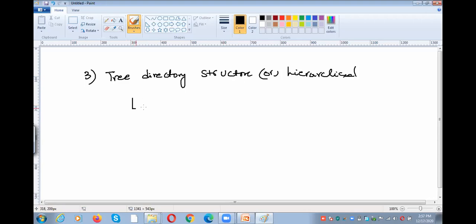As the name indicates, it is the root directory. Under the root directory, again, each and every user has its own directories. That means user 1 directory, user 2 directory, and user 3 directory. And under the user 1, again, we may have a separate directory, subdirectories. These are called as subdirectories.